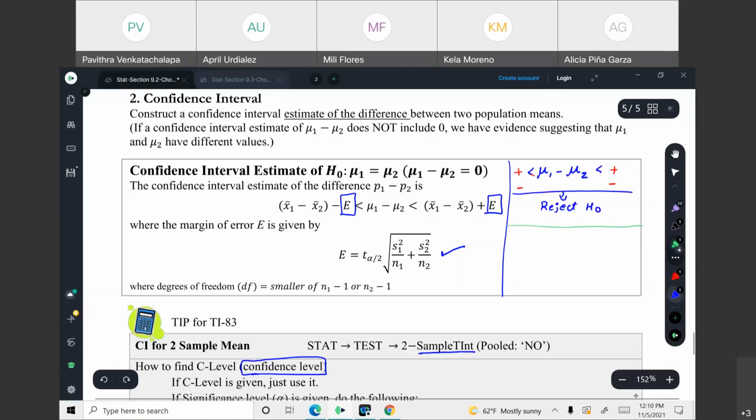Now, what if the symbols are different, like negative and positive, or positive and negative? Then we fail to reject H naught.